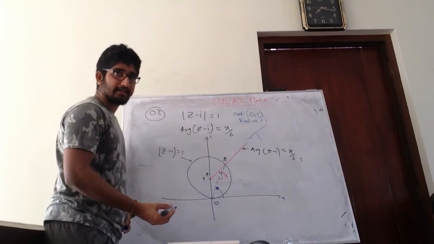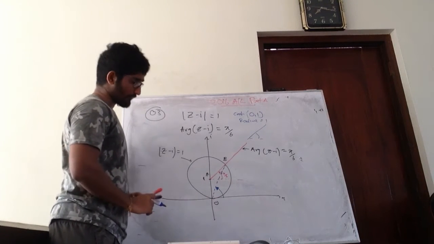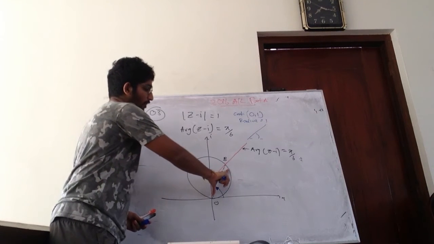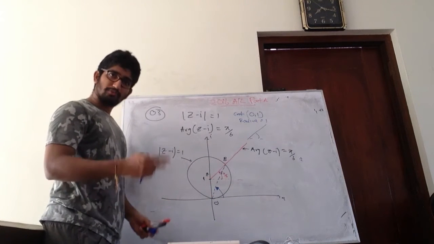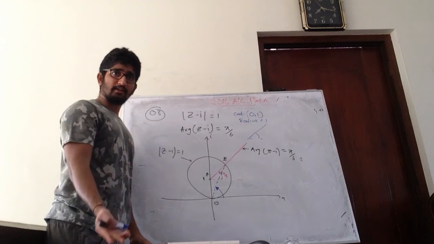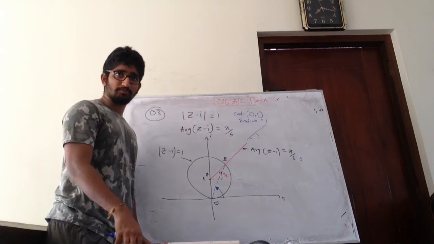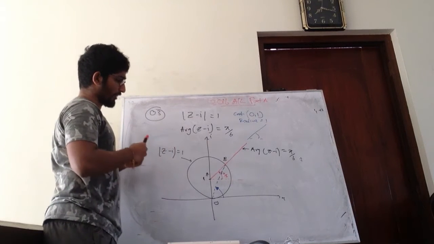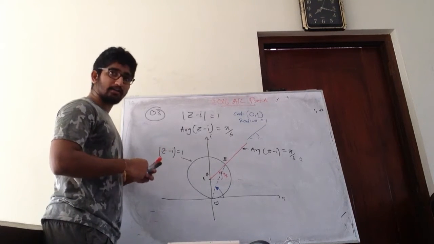I need to know this angle, then I should know this length from 0 to B. If I know those, then I can write it in complex form. Then no problem at all, right?